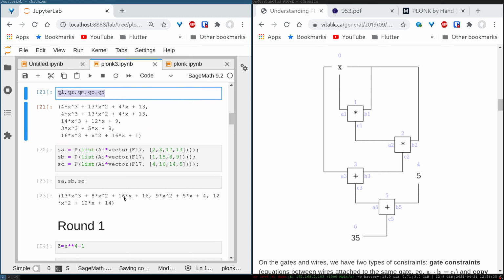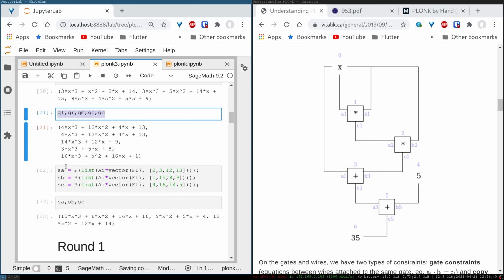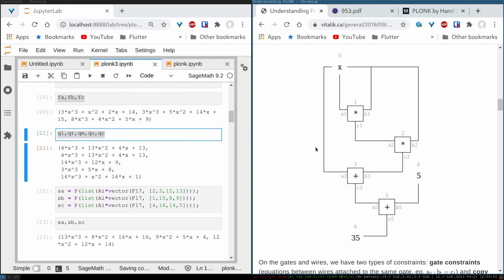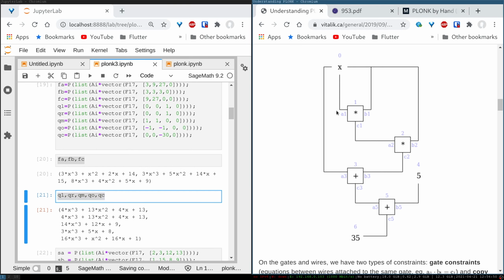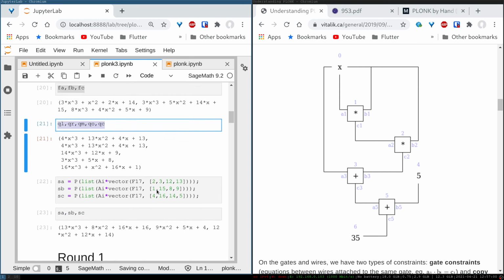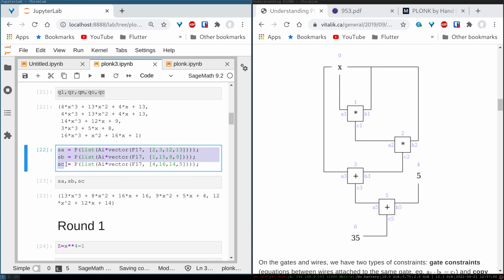Okay, so the next step is SA, SB, SC, which captures the copy constraints. So far we haven't established that A2, for example, should be equal to C1. These equations here represent just the values of the gate, but they don't represent the connection between gates. So this is captured here by these permutation vectors.